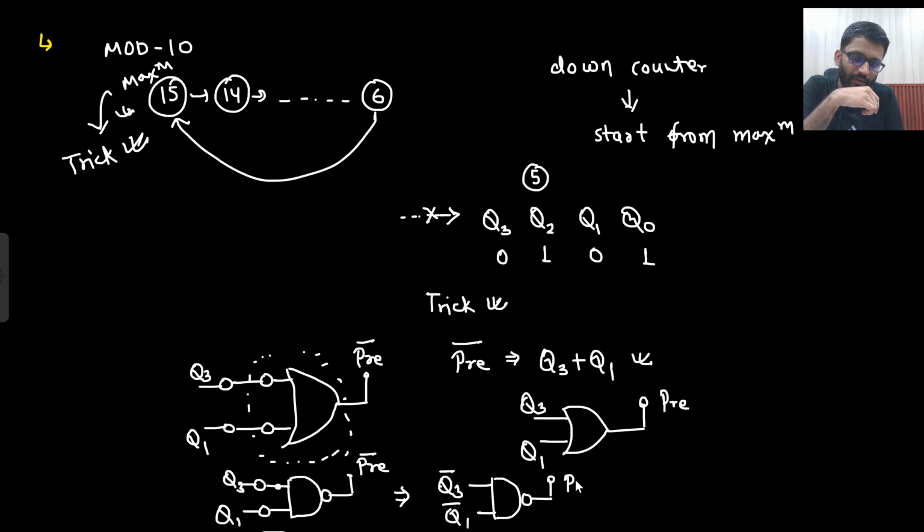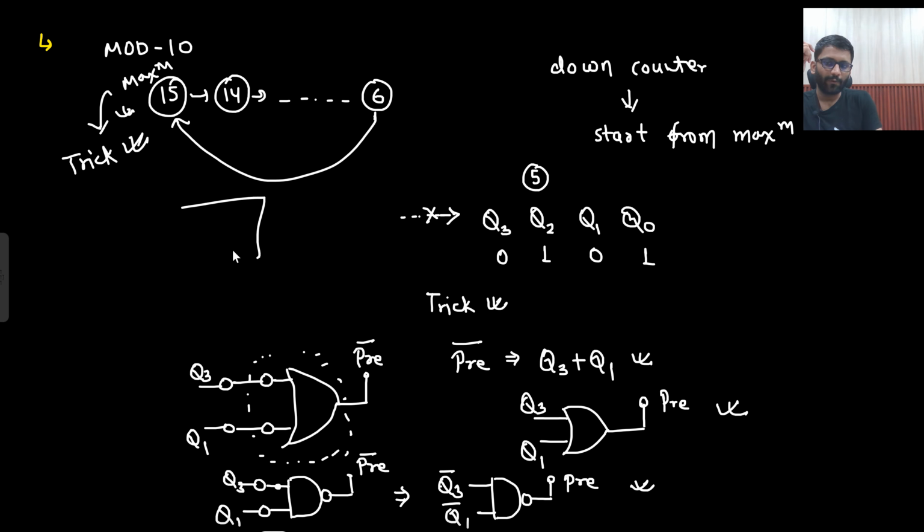So they can frame the option. One option: the black box is OR gate with input Q3 and Q1, correct. The black box is NAND gate with input Q3 bar and Q1 bar. Yes, that is also correct. Are you getting this point? So always at the input try introducing two bubbles. Why will they do so?